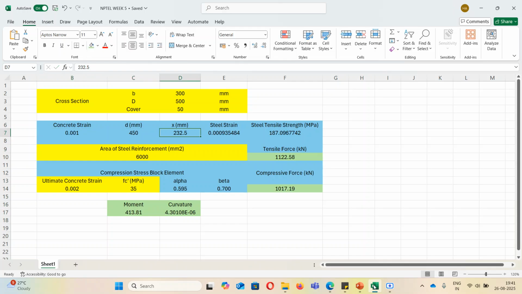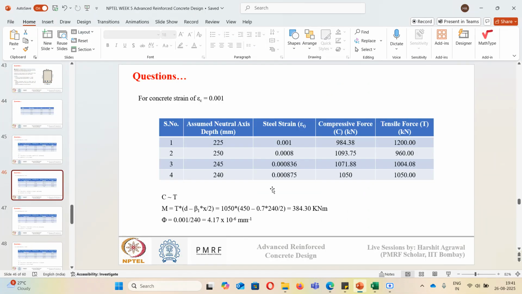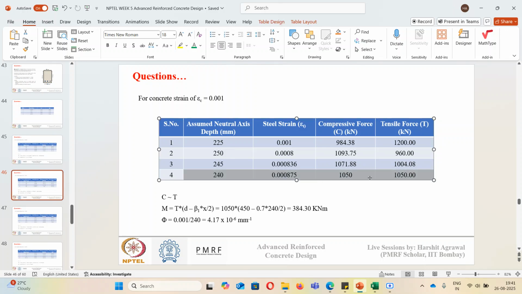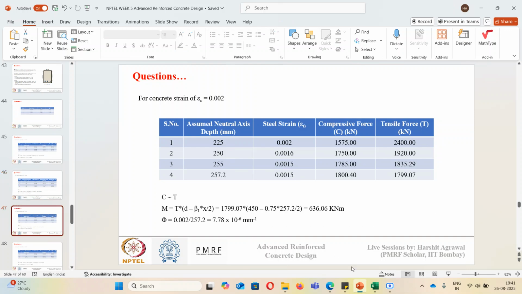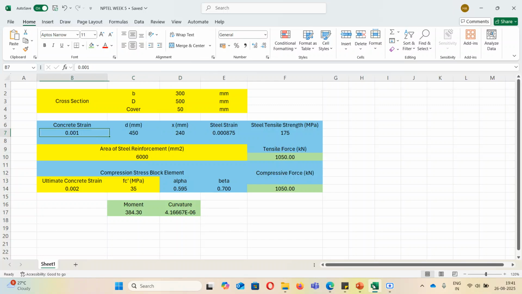At this strain I will initially take 225. It is not equal, I will increase to 240. You can see at 240 both are becoming equal. So this is how iteration was done. At 240 I got both equal, so I can calculate moment and curvature. Same thing we'll do for 0.002. First I will always place 225 just to check whether I need to increase or decrease.